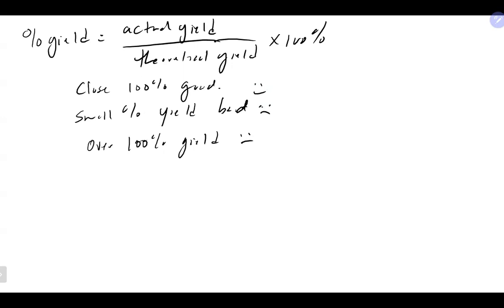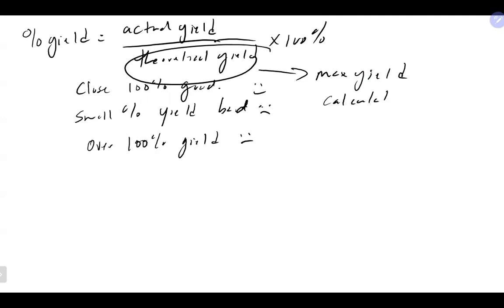That usually means something got screwed up along the way. Remember that the theoretical yield really is the maximum yield that you could get. It is the one that is calculated from the equation and what you start with.